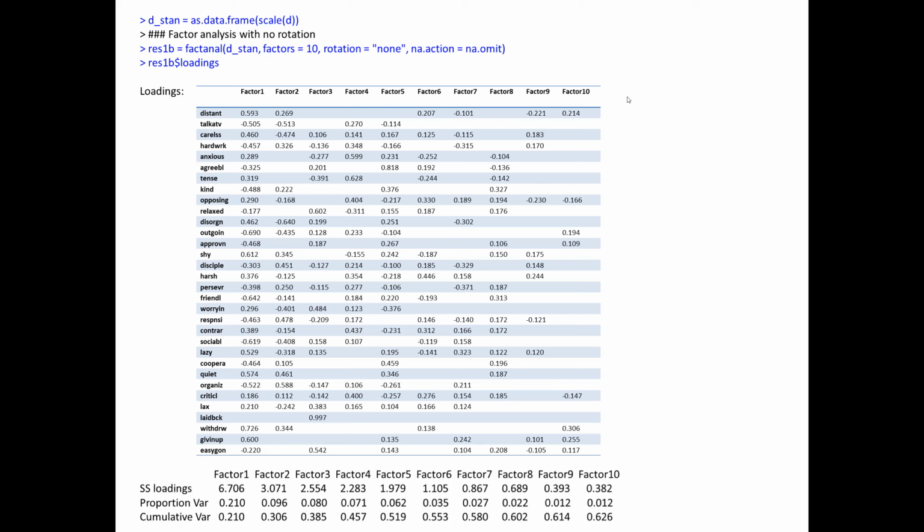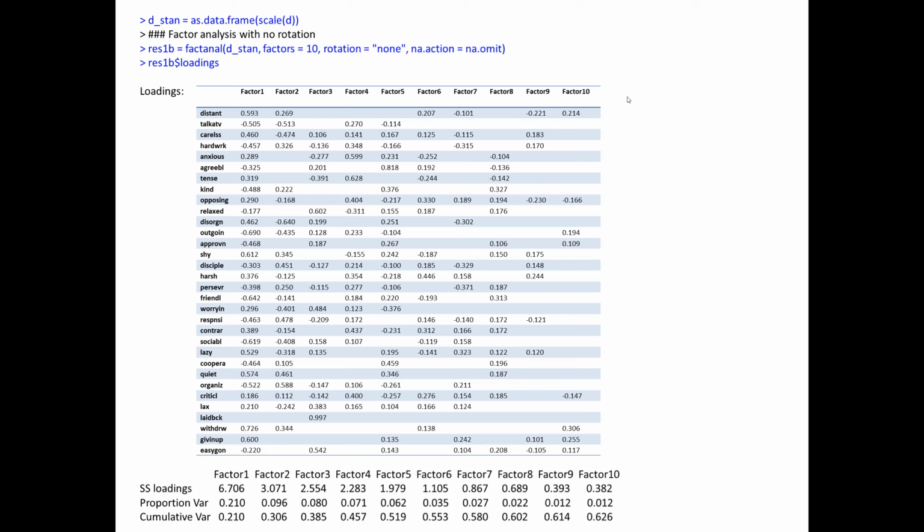As with PCA, factor analysis uses the Kaiser rule, which says that a factor is important if the value of its eigenvalue is greater than 1. So in this case, it appears that factors 1 through 6 are important. If you actually went through and added up the values under factor 1, you would come up with 6.706, which is the SS loadings.